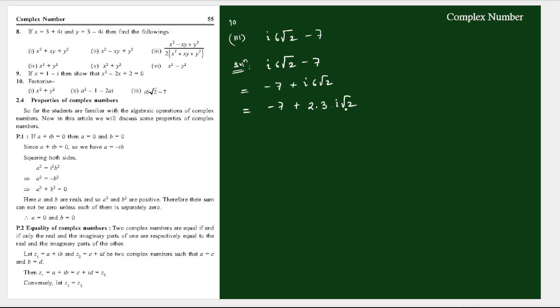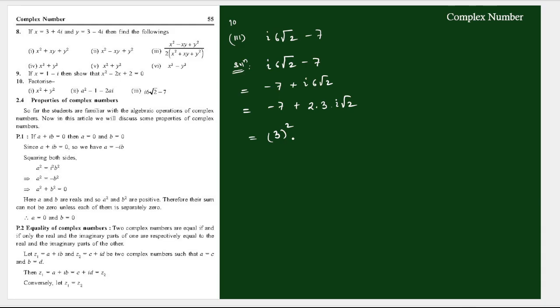This is your a, this is your b, है ना? तो अगर हम लोग 7 minus 7 है, इसको a स्क्वायर करेंगे तो ये क्या हो गया? 9.